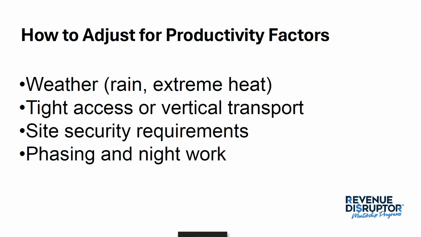Or maybe it's a certain time of the day and you recognize this is going to directly impact our productivity, so I can't price it the same way I would price any other project, job, or contract. If there are site security requirements, phasing, or night work, I know for people that work third shift, their productivity normally is lower, and most of them get paid a higher wage.